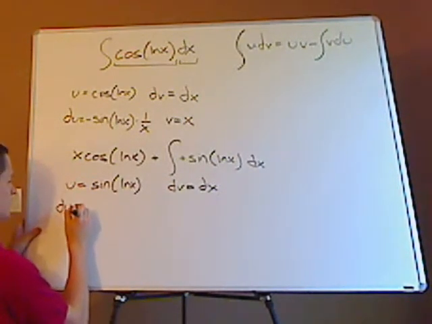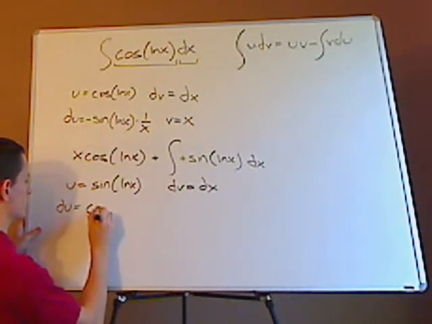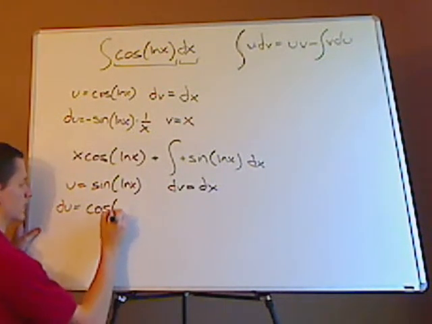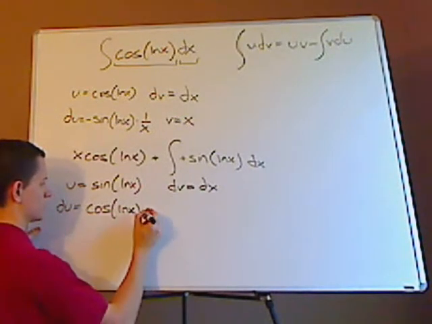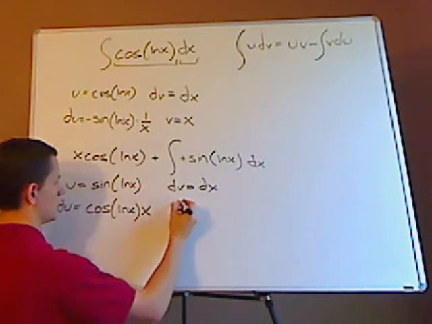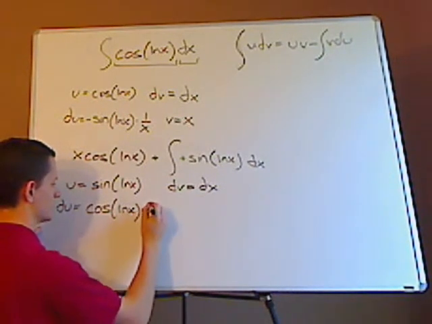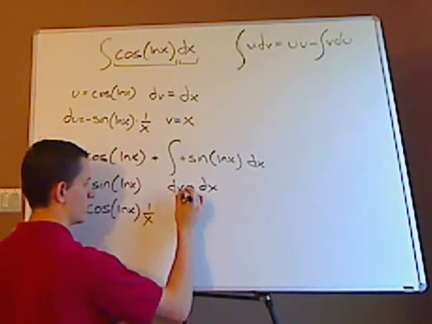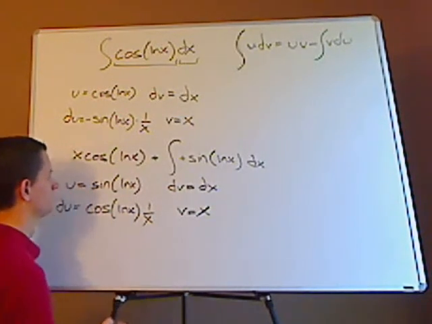Now, the derivative of this, you're using the chain rule, so the derivative of the outside, which is cosine. Cosine, with the inside staying the same, natural logarithm of x, times the derivative of ln x, which is 1 over x. And you have dv, you integrate both sides, you have v equals x.